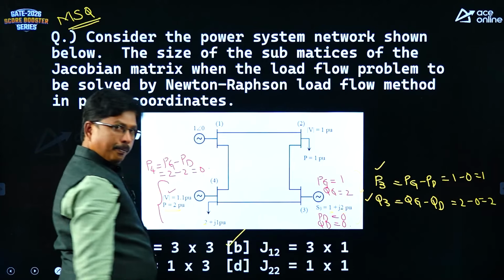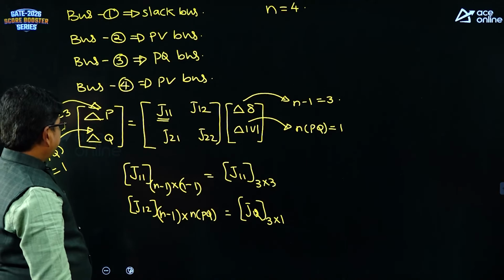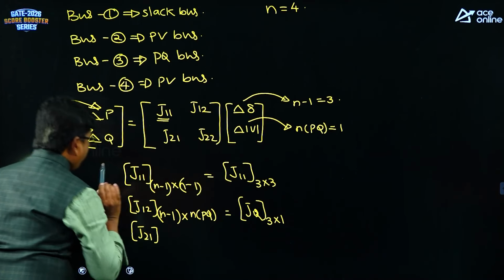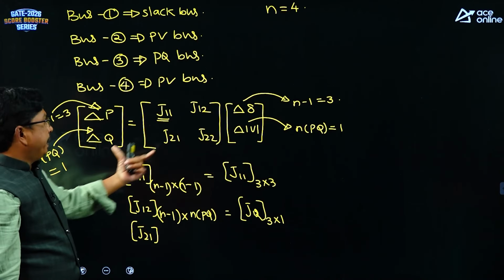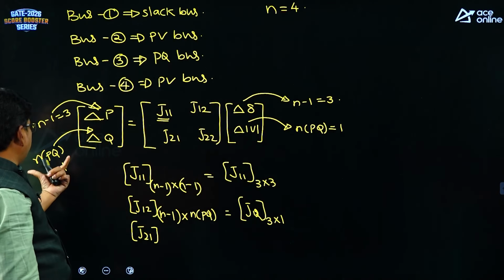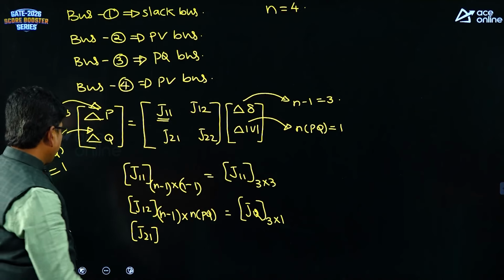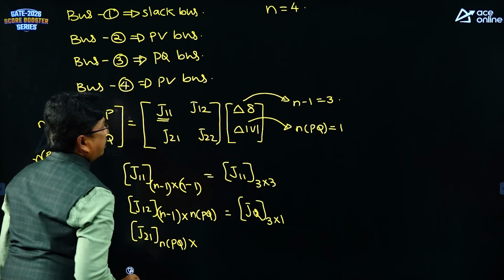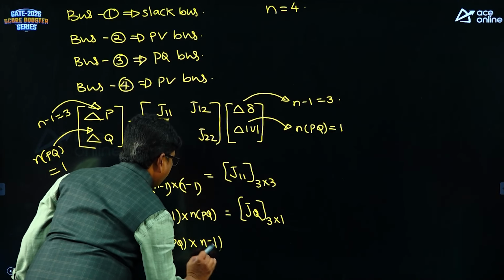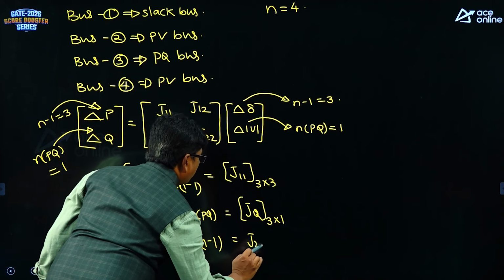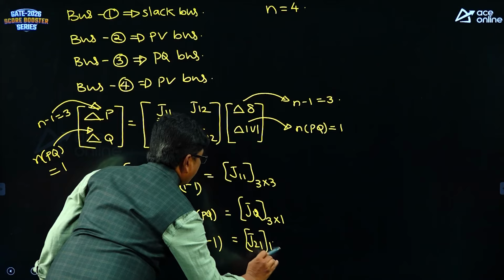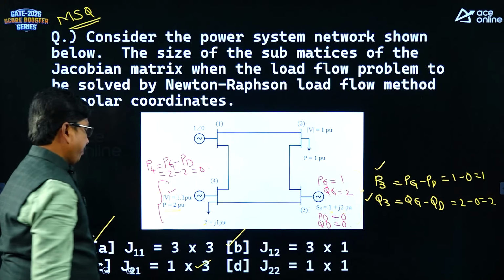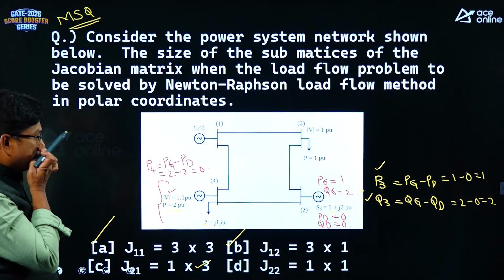B is also correct. C, J21. J21 is mapping del Q with del delta. Del Q is 1, del delta is 3. It is the number of PQ buses cross N minus 1, so J21 is 1 by 3. It is also correct. Option D, J22.